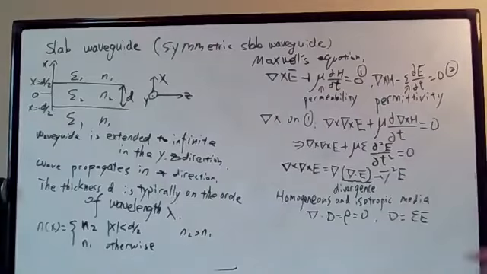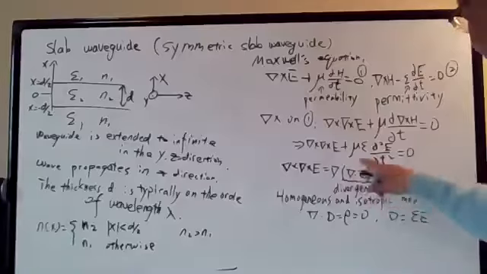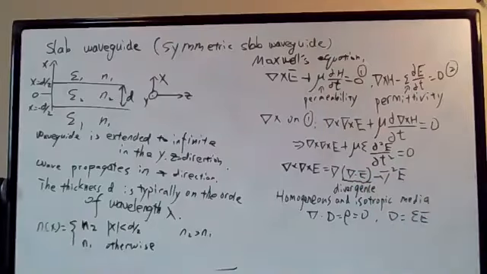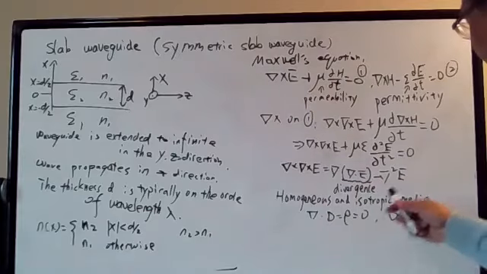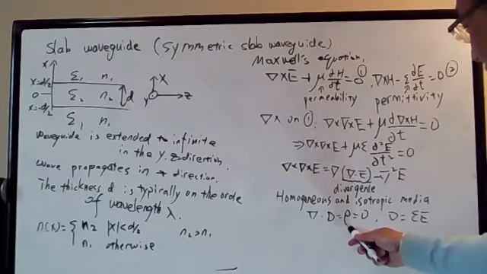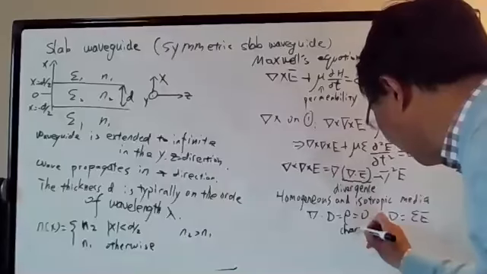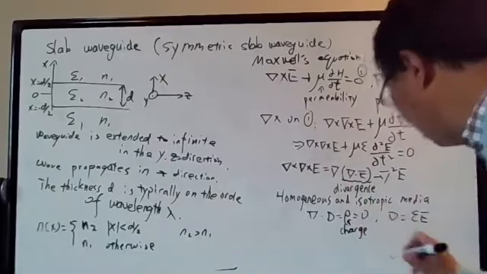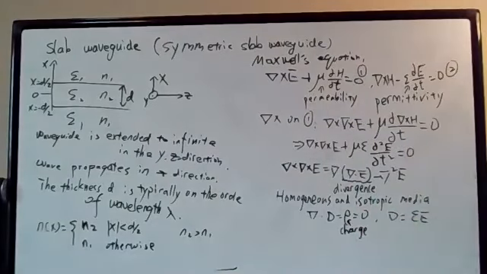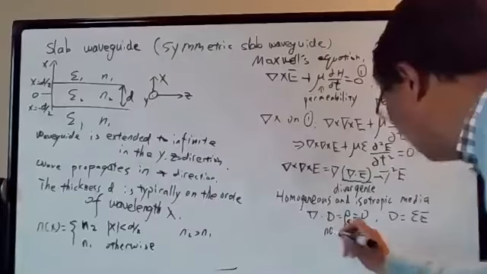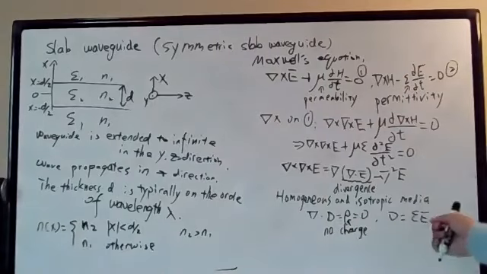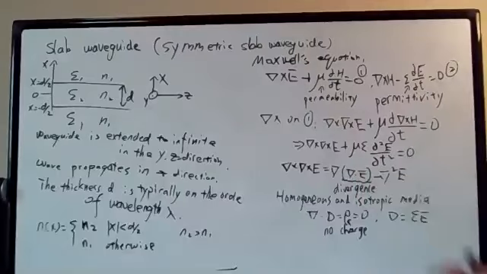So the divergence of D is 0 because there is no charge, and D is epsilon E, so the divergence of E will be 0, right?